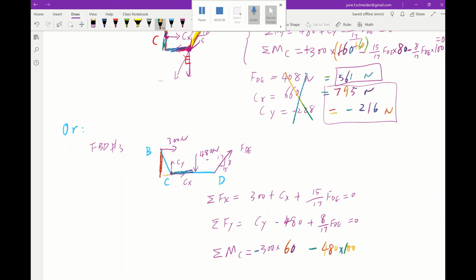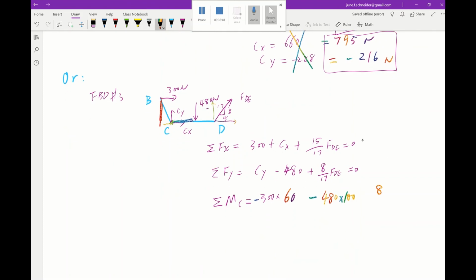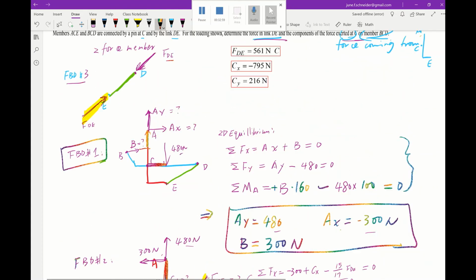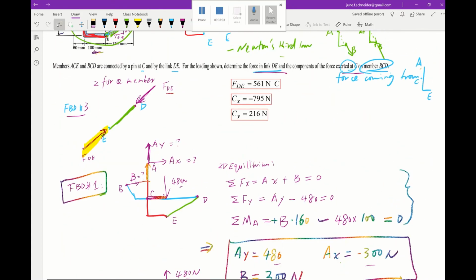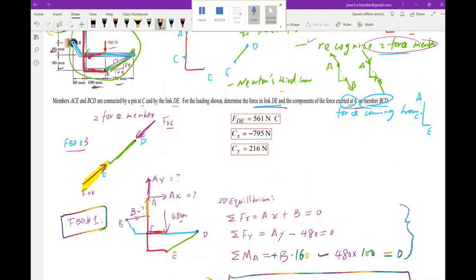Then we have FDE, our X direction and Y direction. X direction does not cause moment since it goes through C, and the Y direction is going to be 8 over 17 of FDE. And the moment arm will be this entire length of CD, which gives us 100 plus 150.